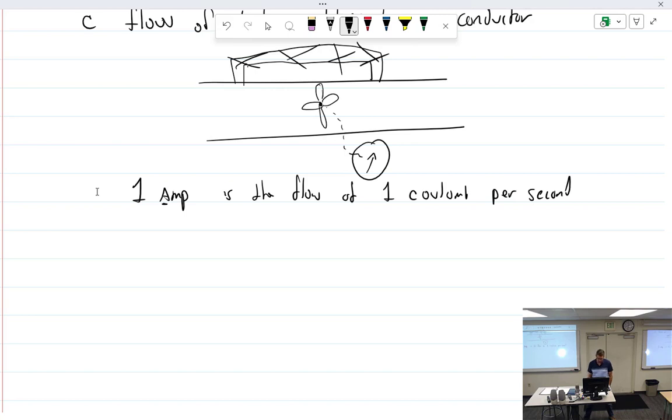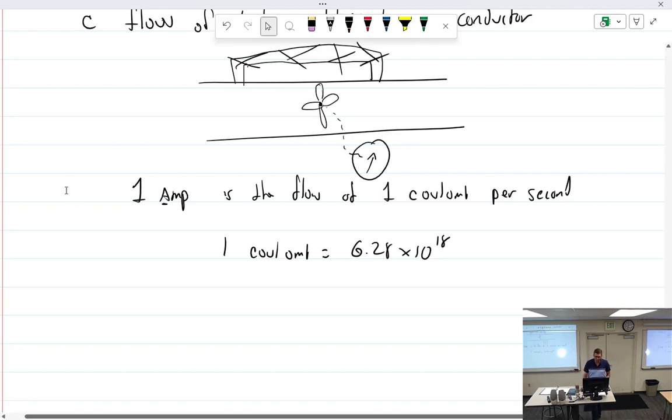And what the heck's a coulomb? It is an amount. One coulomb equals 6.28 times 10 to the 18th power. I remember it because it's pi times 2, and I remember it's 18 because it's more than 17 and less than 19. Little memorization tricks right there.